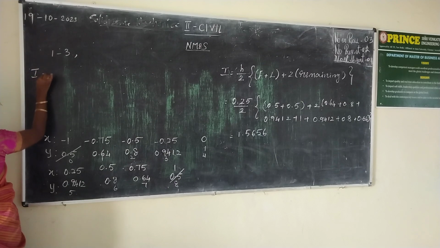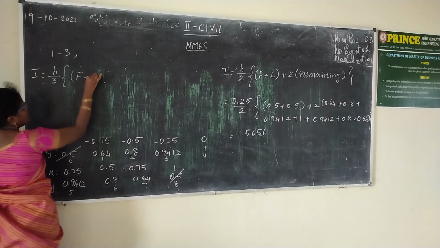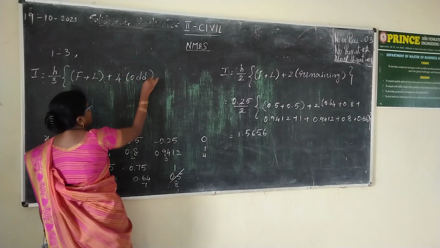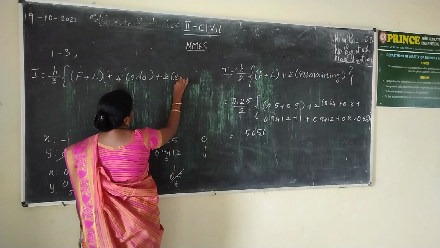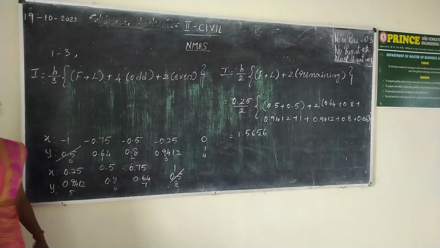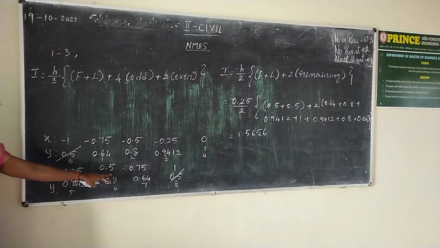I is equal to h by 3 into first plus last plus 4 into odd plus 2 into even. Simpson's 1/3, no? We can't apply Simpson's 3/8. For Simpson's 1/3 and 3/8 we use the suffix table because you have to identify which is odd, which is even, which is a multiple of 3.